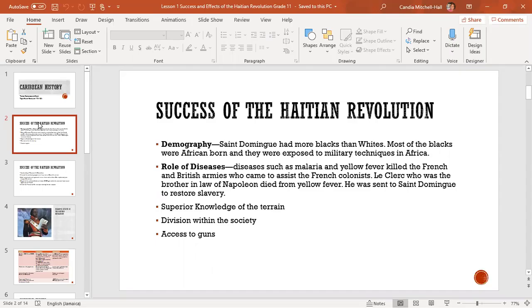In addition to that, ladies, another reason for the success was the role of diseases. I shouldn't use the word God, but nature just gave the enslaved people of Saint-Domingue the gift of disease, which took the soldiers who came to restore slavery.